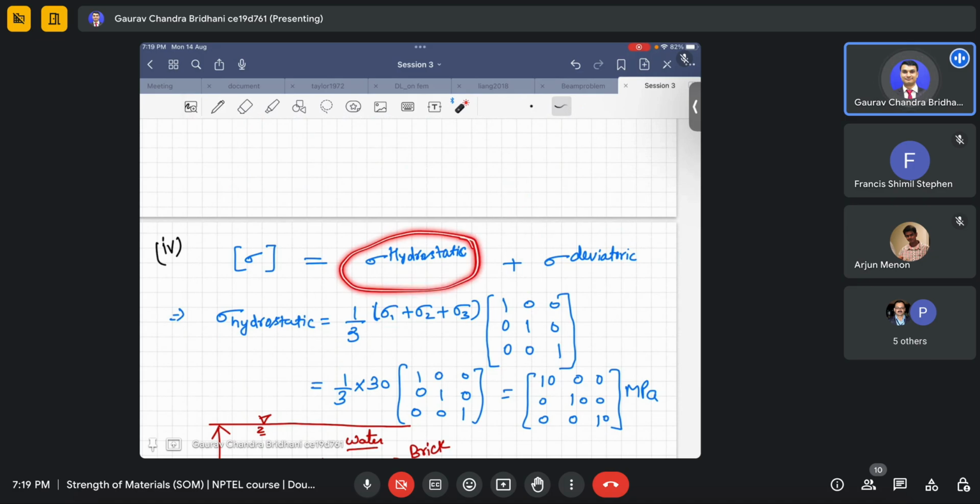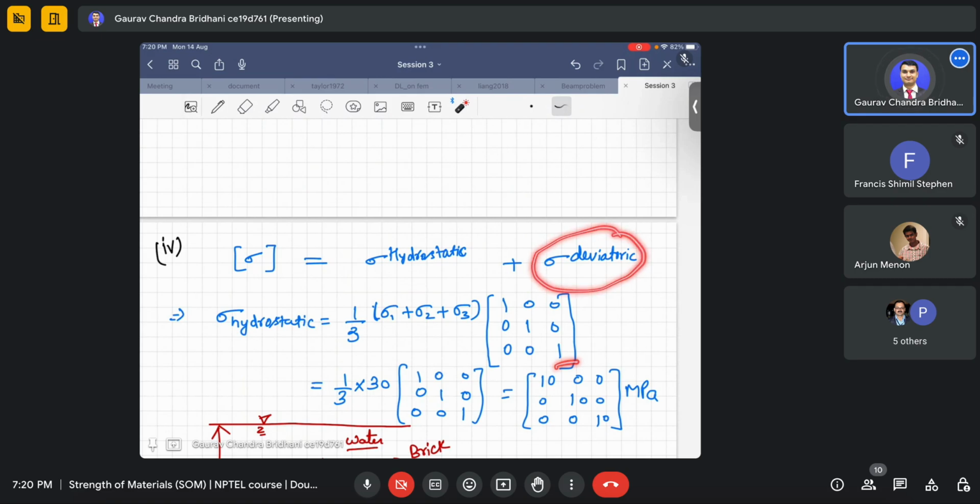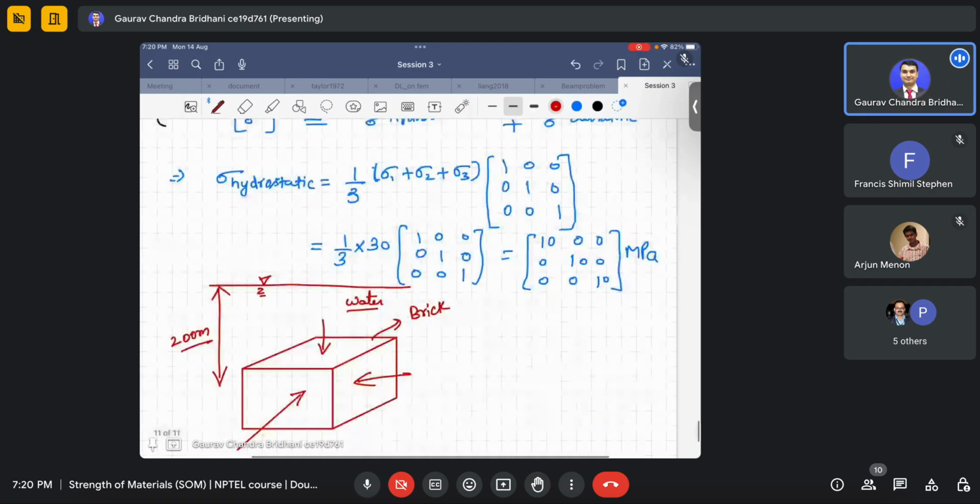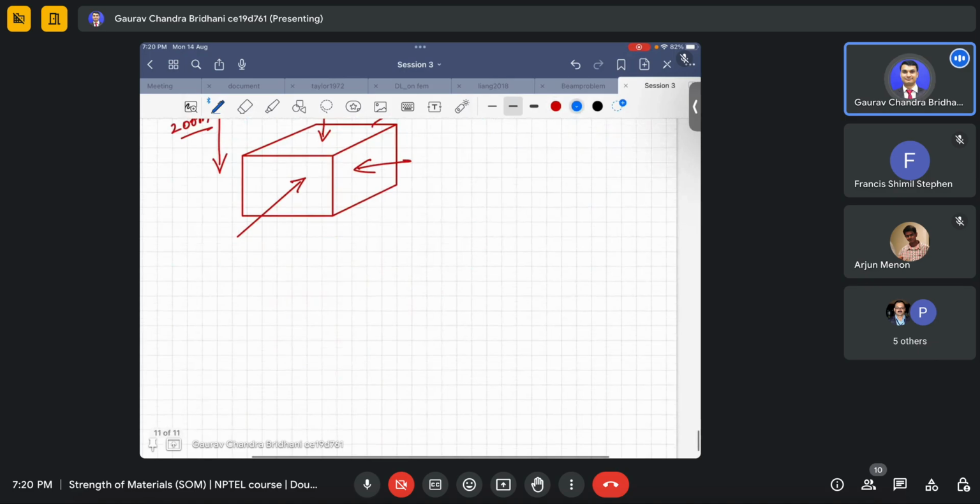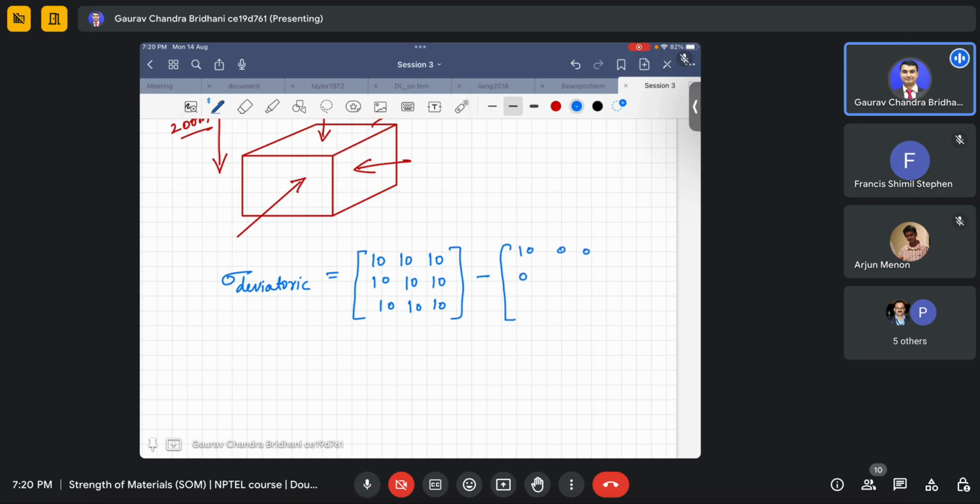So we have already defined what is hydrostatic. So we can find the deviatoric from this equation itself. Let's find that. The sigma deviatoric tensor will be what? 10 10 10, 10 10 10, 10 10 10 minus 10 0 0, 0 10 0, 0 0 10.